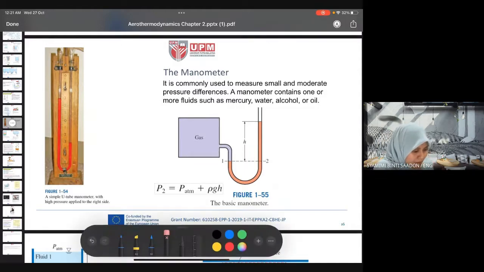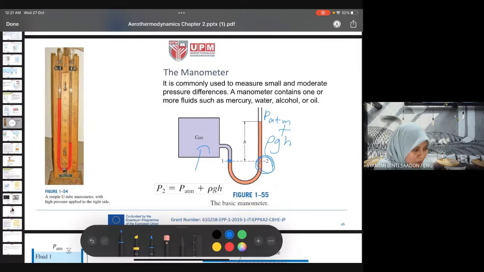We want to measure the pressure of the gas inside here. So we assume P atmosphere, this one, plus rho GH, which is at P2.